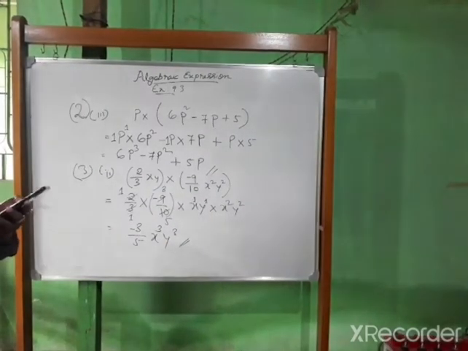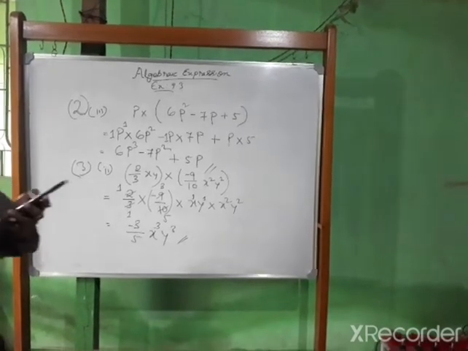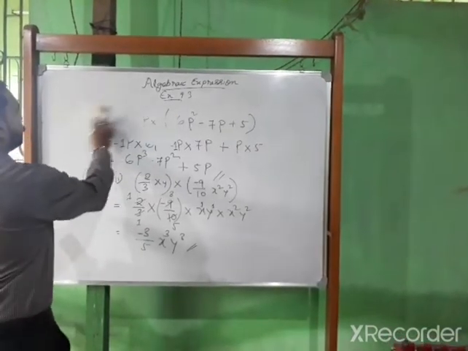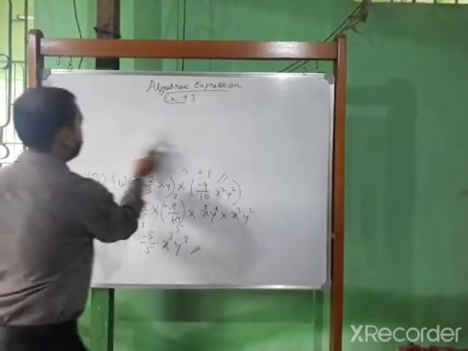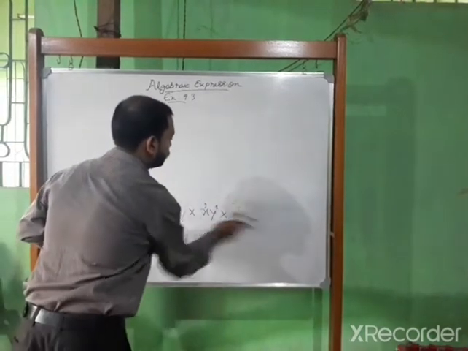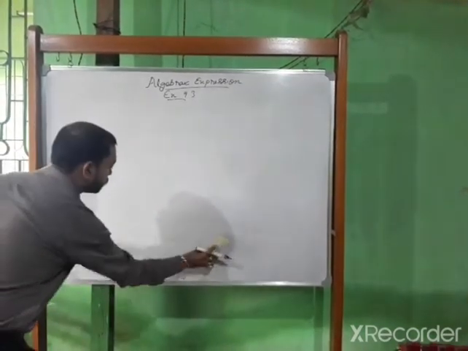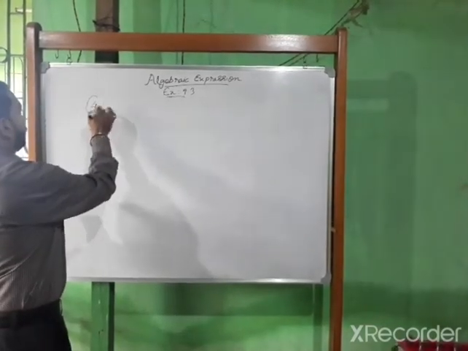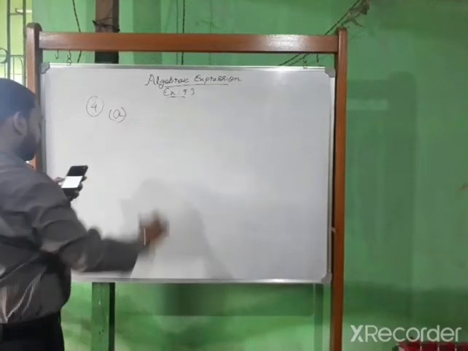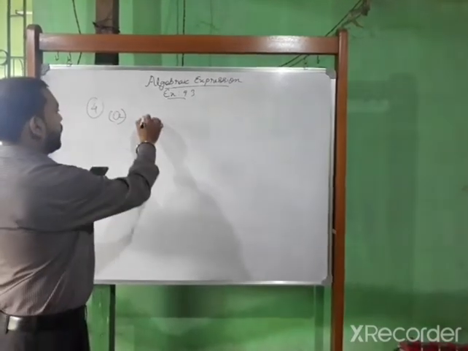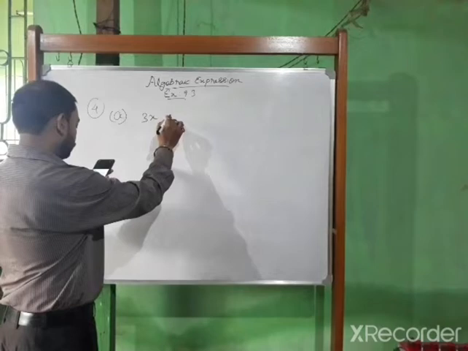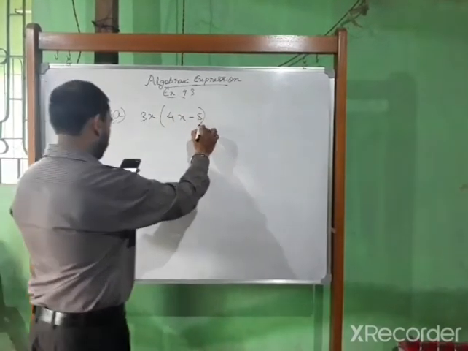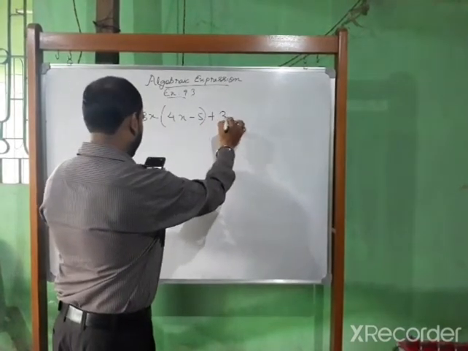Question number 3, part 2 is done. Now let me show you question number 4a, that is simplify 3x(4x minus 5) plus 3.